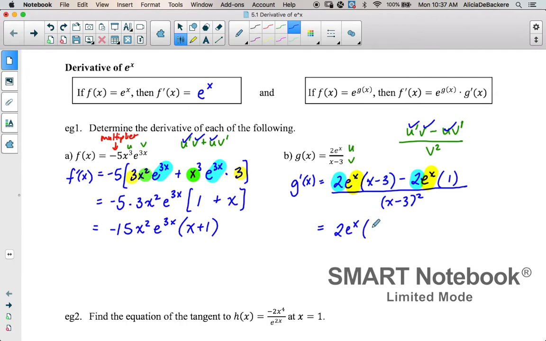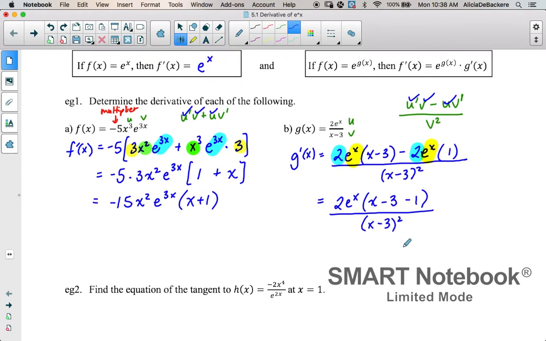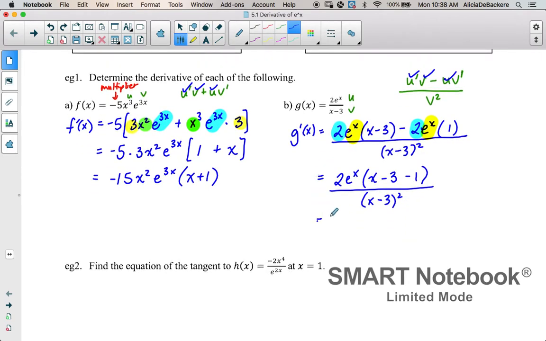And in the first term, I'm left with x minus 3, and in the second term, I'm left with -1. And there we are in simplest form.